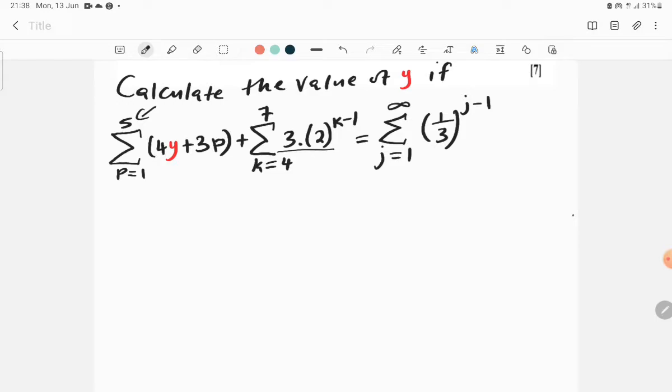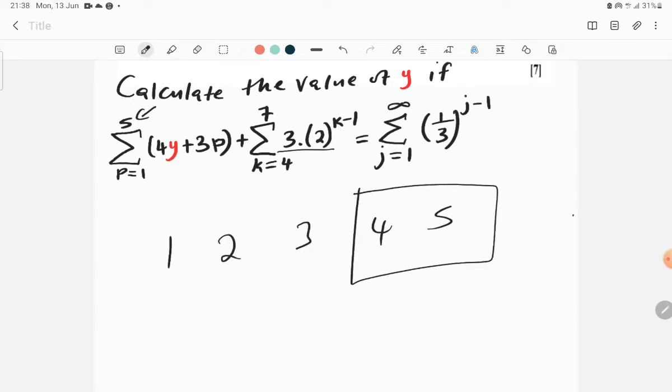A typical example, let's say we have 1, 2, 3, 4, 5. If you are interested in adding these, yes, this is the complete pattern where you have T1, T2, T3, T4, T5.